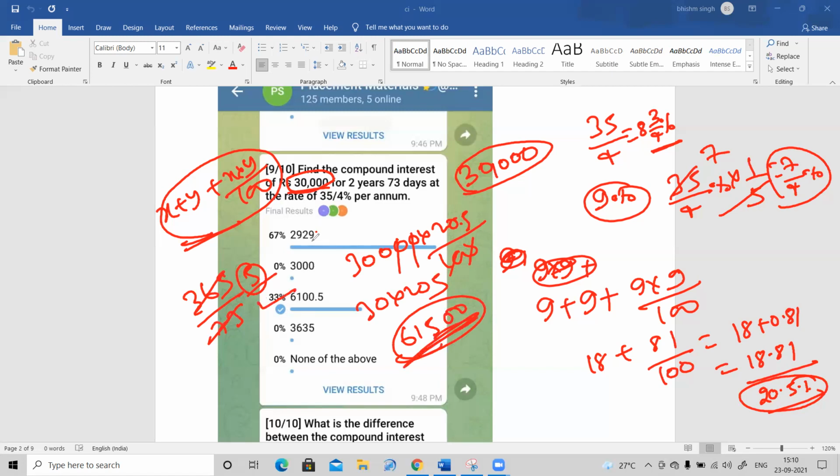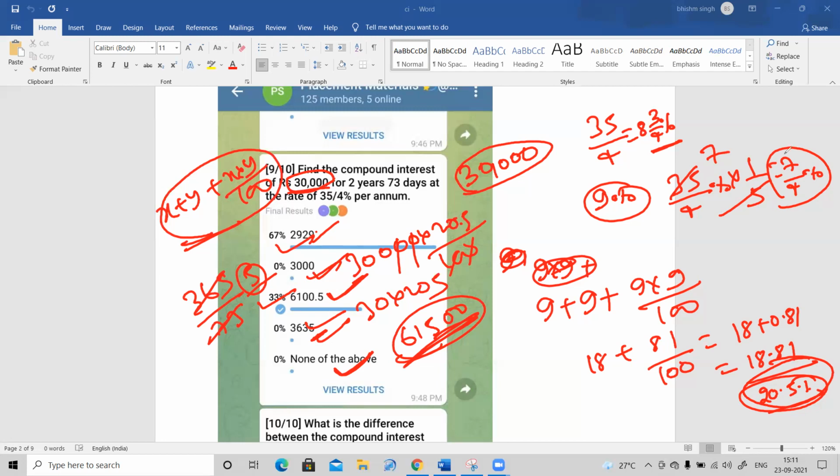And see all the answers: this is only 10%, this is almost 12%, and here we are getting almost 20 to 21%. We are not getting the exact rate, but we are getting a near about rate. There are a lot of differences in the answers. Some of you will say, sir, none of these might be the answer, or none of the above. It might be, but such a question will take a lot of time by formula methods, so it is better to go by assumption.